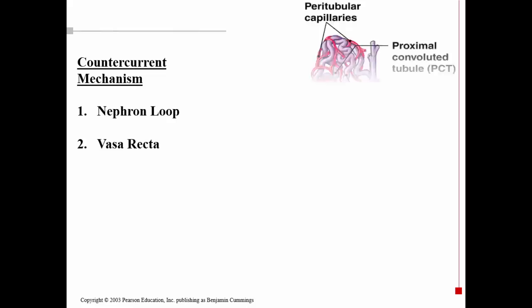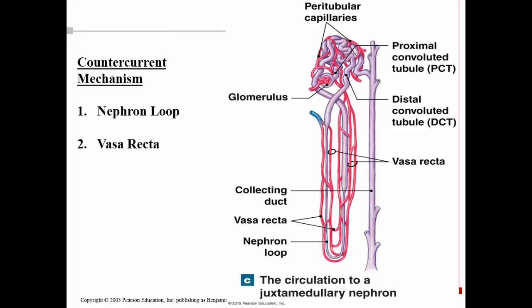So let's take a look at a juxtamedullary nephron, which is where this countercurrent mechanism occurs. So remember two components, the nephron loop, which is called the countercurrent multiplier. And in this case, you can see the nephron loop right here. So we have the descending limb of the loop in purple, and the ascending limb.